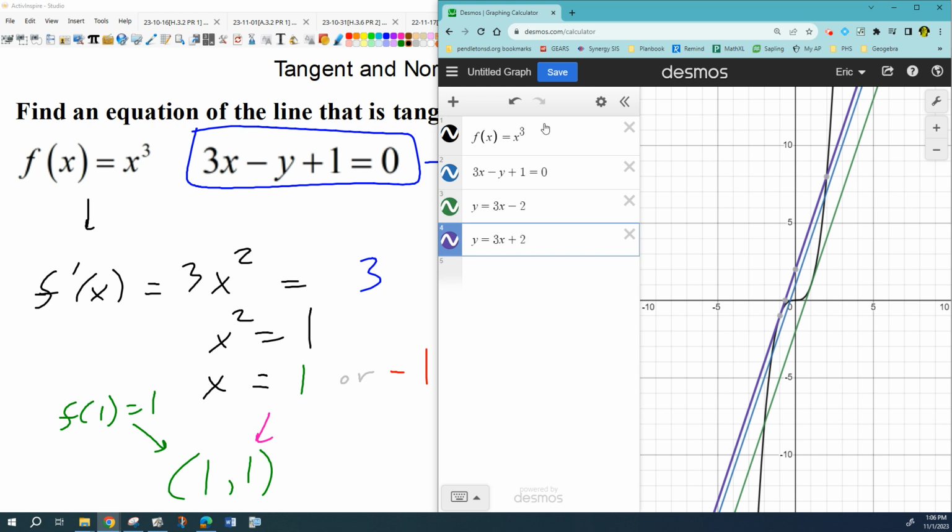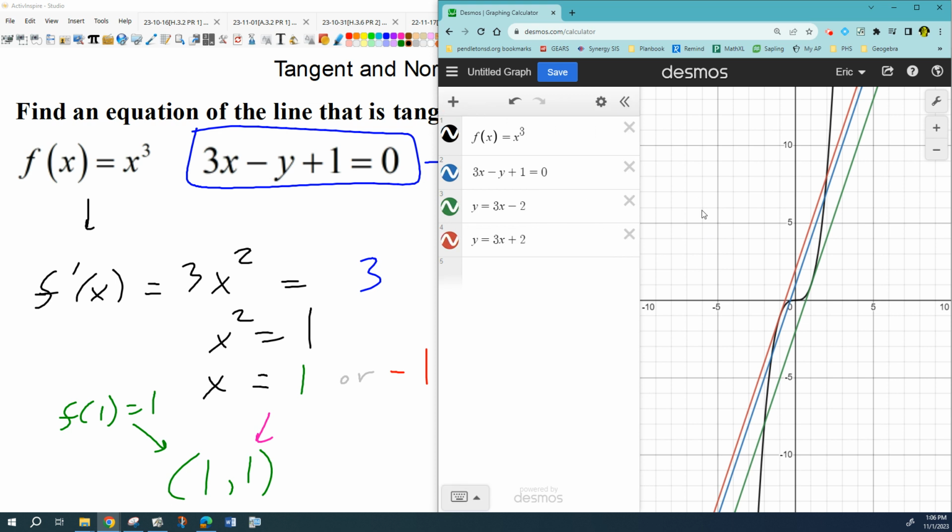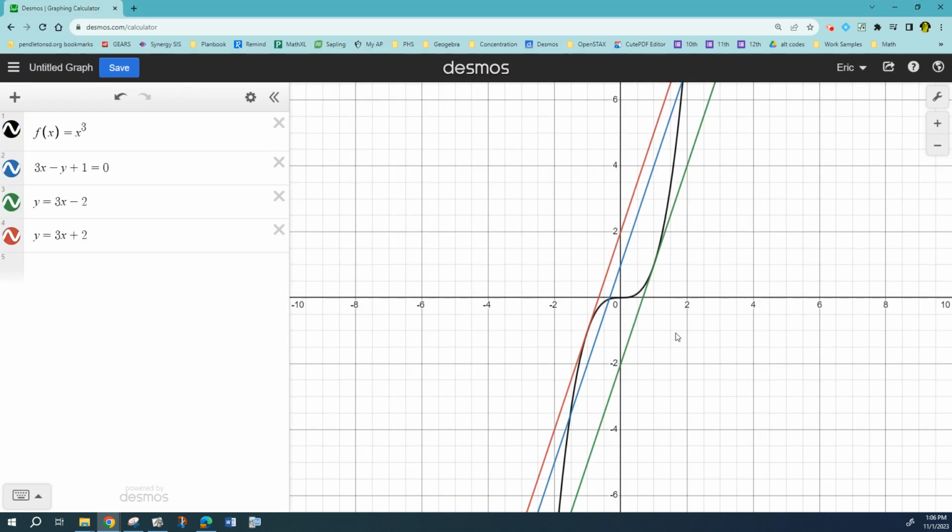And that was our red one. Okay, make sense? Everybody see that? And if we could put the points of tangency in here. There they are. There's our beautiful picture.